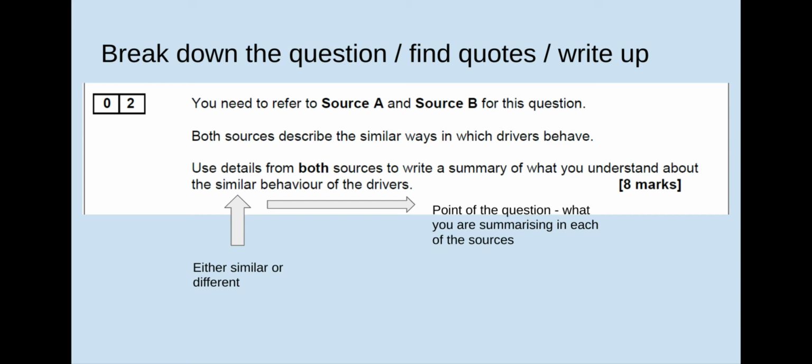So you're looking for similar behaviors of the drivers. Anything in source A and source B which sums up the similar behavior of the drivers must be correct. So once you've broken down the question, you can find the quotes, and then you can infer the meaning of the behavior of the drivers behind the quote.